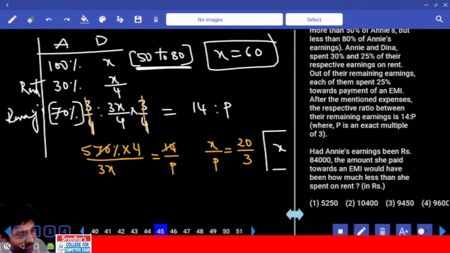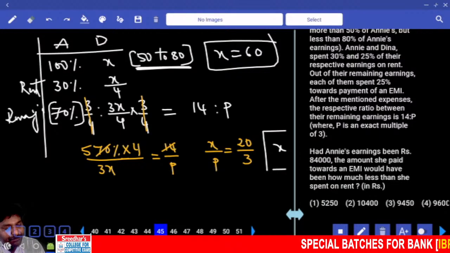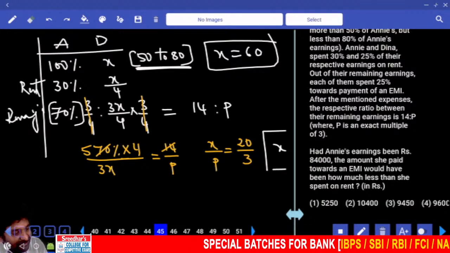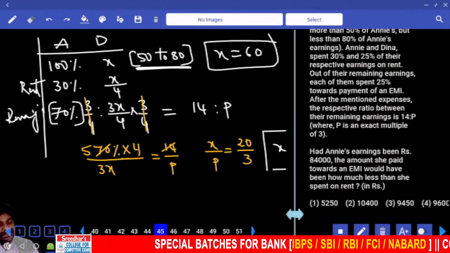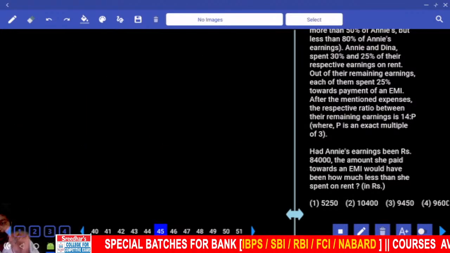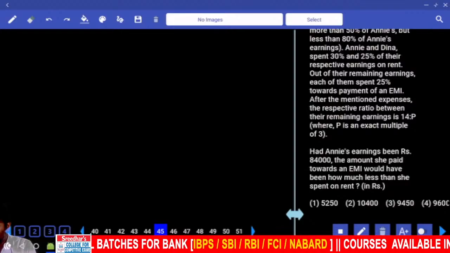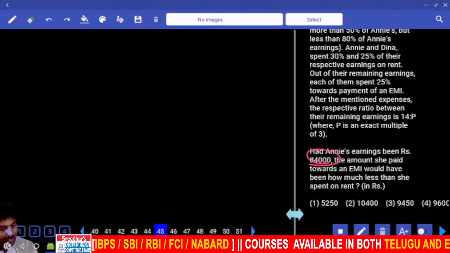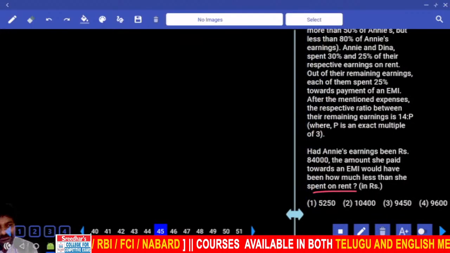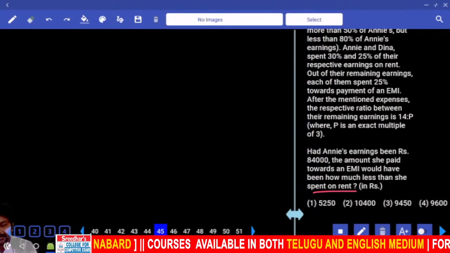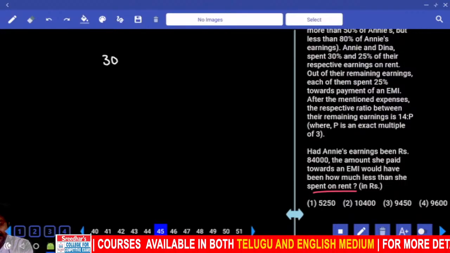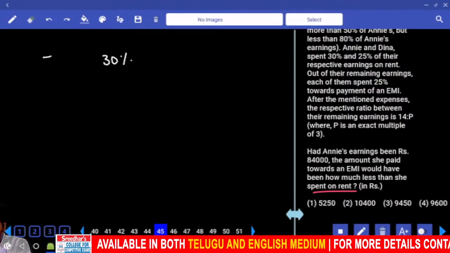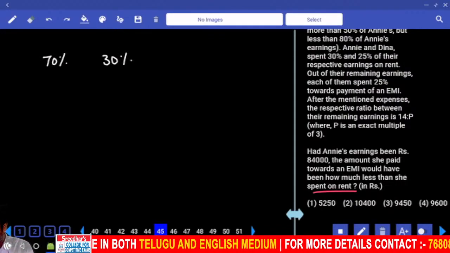Had Annie earnings been 84,000, the amount she paid towards EMI would have been how much less than she spent on rent? Okay. Annie, forget about 84,000 for some time. How much she paid towards rent? Come on. 30%. What is remaining? 70%.